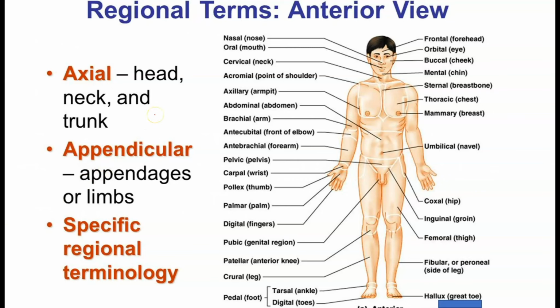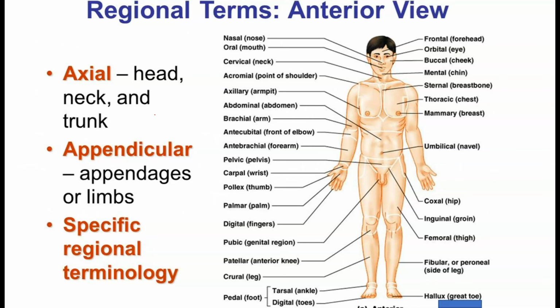Okay, this is a lot of stuff, but if you're certainly going to go into the medical profession, you're going to want to, and if you want a better grade on some of the anatomy tests you're going to take in my class or any future class, this becomes pretty darn useful. So here are some regional terms in an anterior view. Look these over in your textbook and here and try to get a feel for them.